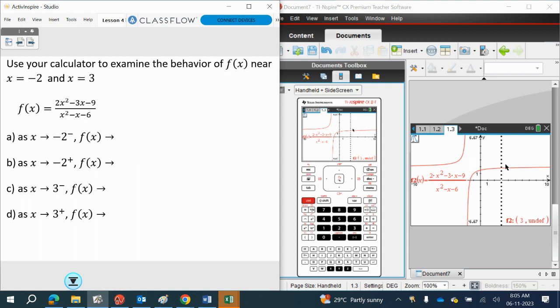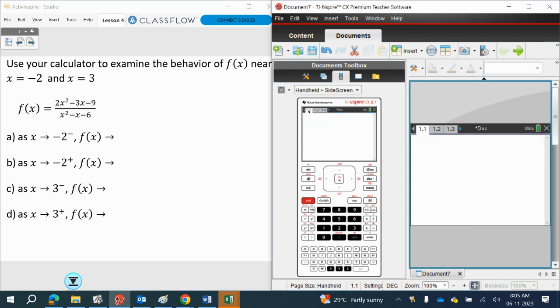I'm going to go to the calculator page here. Make sure you've got your calculator in your hand and you're practicing this routine. This is an important routine where we look at the behavior as we approach a particular point.